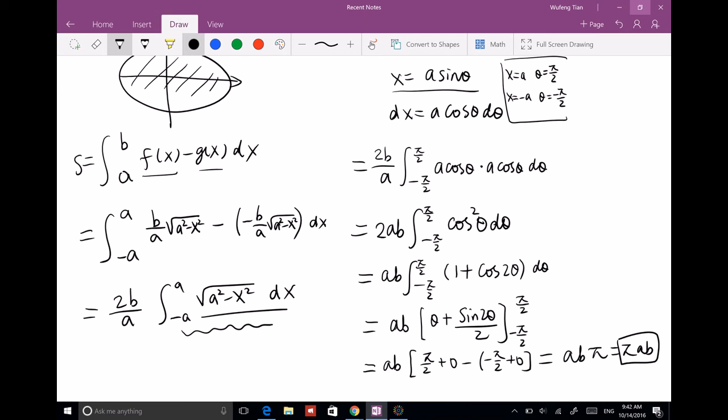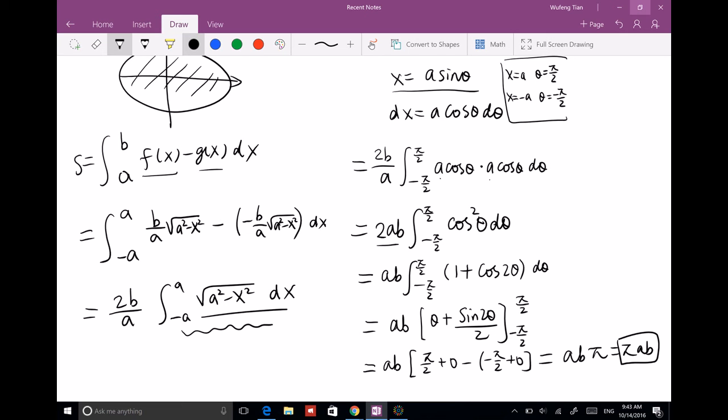Okay, so you got square root of a squared minus x squared. Just do x equals a sine theta, dx is a cosine theta d theta, and just plug it in. Okay, when you do the antiderivative, whenever you see the constant, always take it in front. Okay, don't keep the a, b's in the antiderivatives. You see the coefficient, for example, a and a here, always take it out.